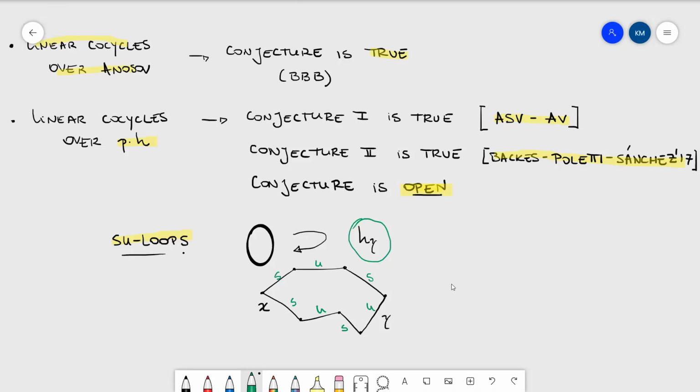But what I want to point out is that this is a natural thing to appear here. If you recall Livšic theory or the cohomological equation, you know that for an Anosov map, you put the condition on the periodic points. For partially hyperbolic maps, you put the condition on the SU loops. So it is natural that they appear here.